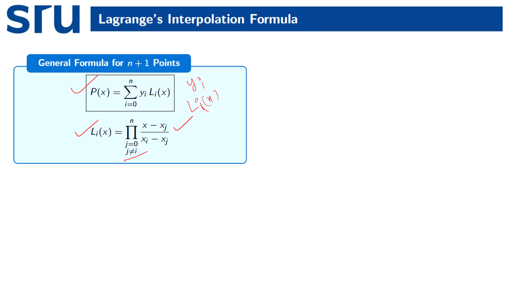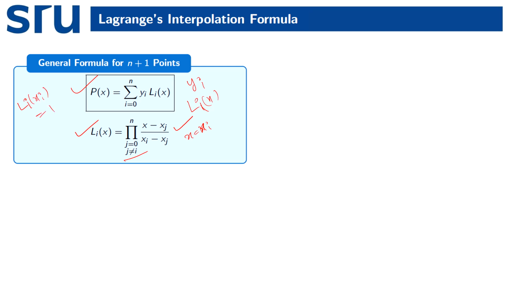When I substitute x equal to x_i, the numerator and denominator become equal and cancel exactly, and L_i(x_i) will be equal to 1.